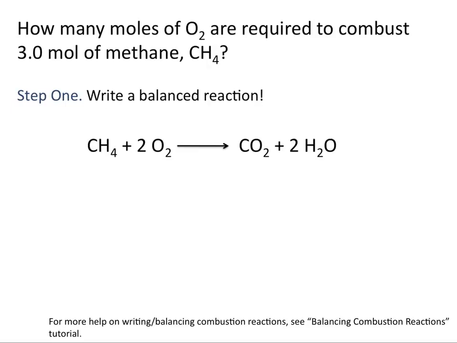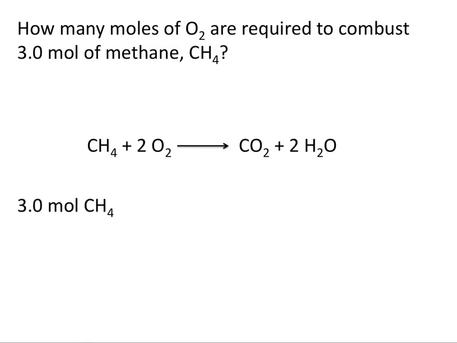Now we will use dimensional analysis to convert from moles of methane to moles of O2. So we'll start with what we're given, 3 moles of methane, or CH4. Then we know we need a conversion factor to convert from moles of methane to moles of oxygen. Using the coefficients in our balanced equation, we can see that 1 mole of methane requires 2 moles of O2.